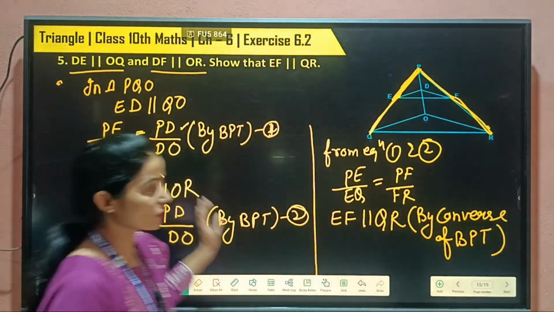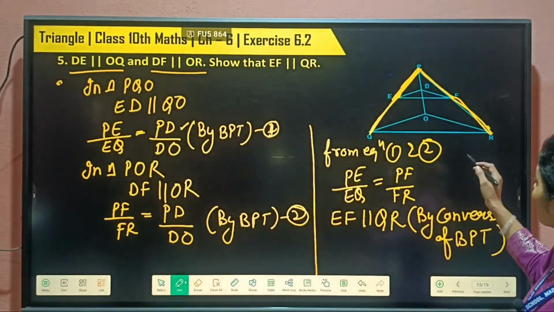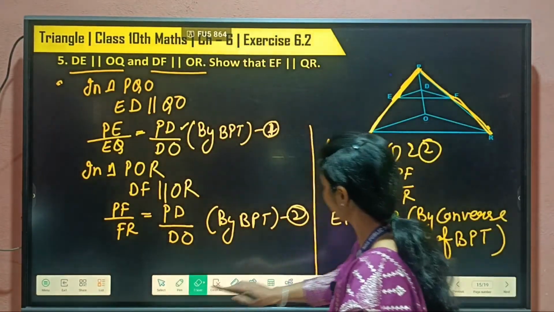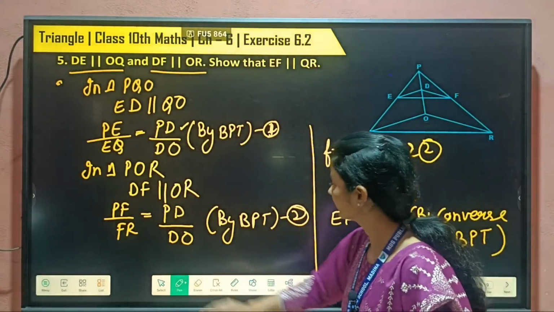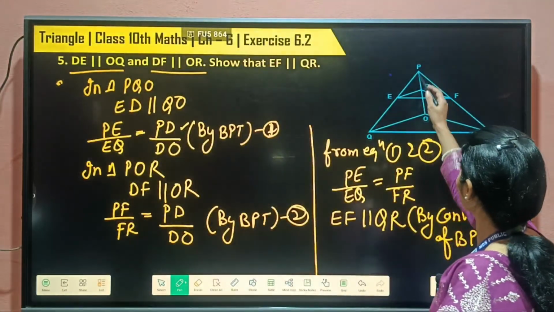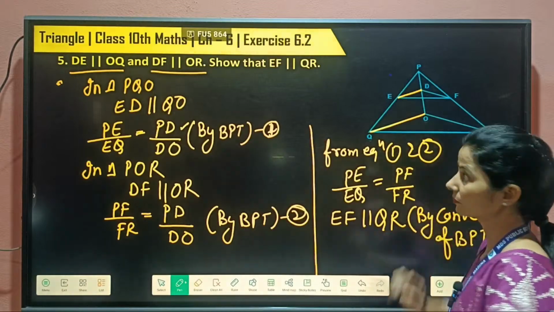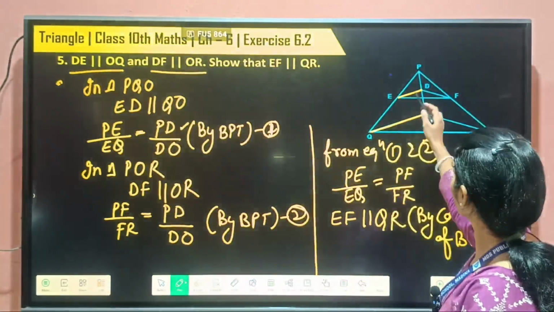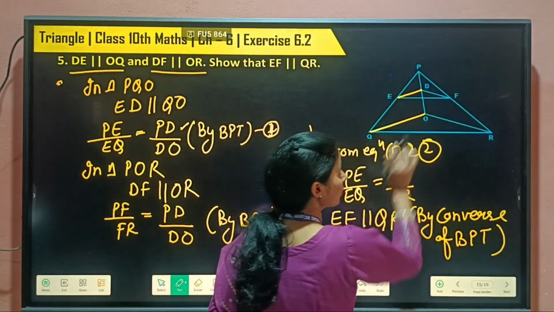Let us again see this question. If you are not able to understand, in this triangle PQR, this DE is parallel to PQ. This ED you can say is parallel to QO.